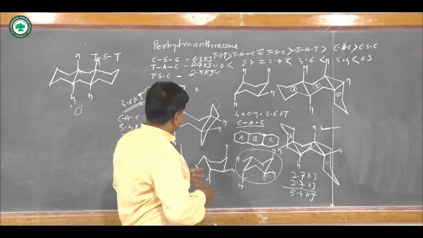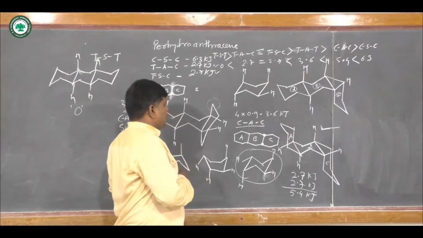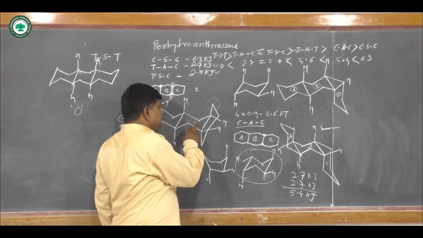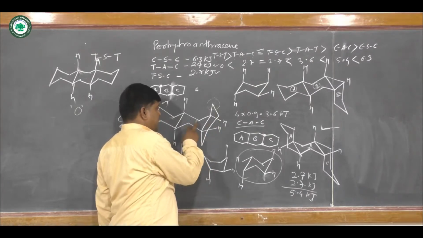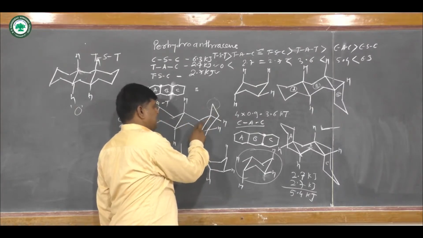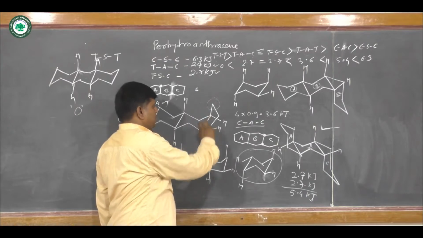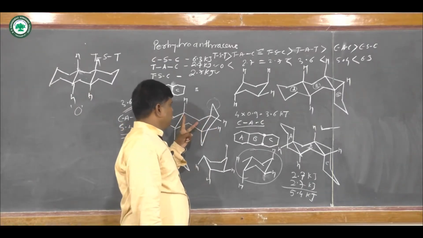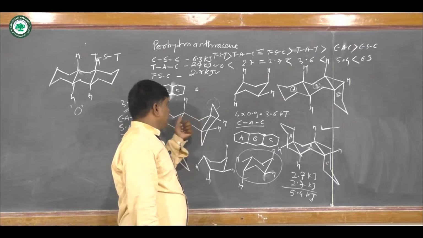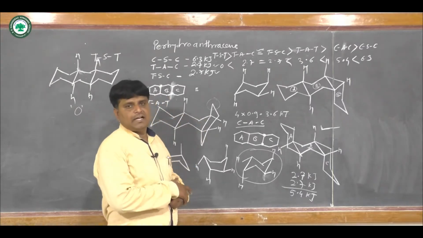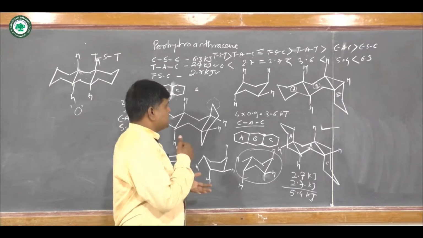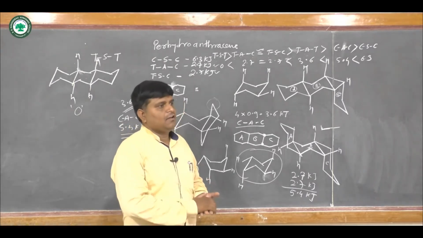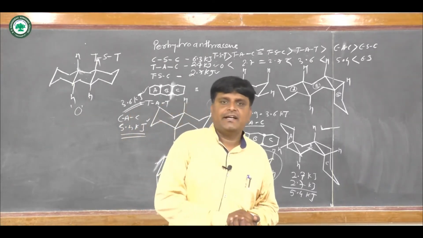In case of perhydrophenanthrene, this C ring is attached at these two centers, because there is no uncommon carbon atom in between A and C. So that is a somewhat different structure and it gives different stability orders.